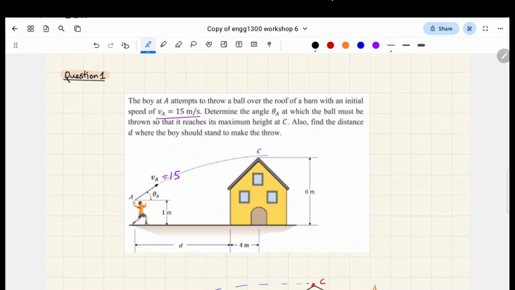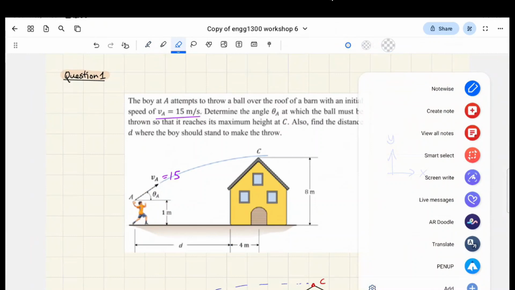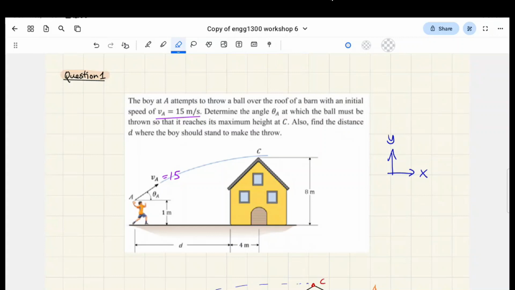Keeping in mind that we're splitting our coordinates into x and y, do these two numbers, the angle and d, depend on each other? The answer is you can analyze the vertical and horizontal components separately. Okay, I'll just dive into the question, it makes more sense.